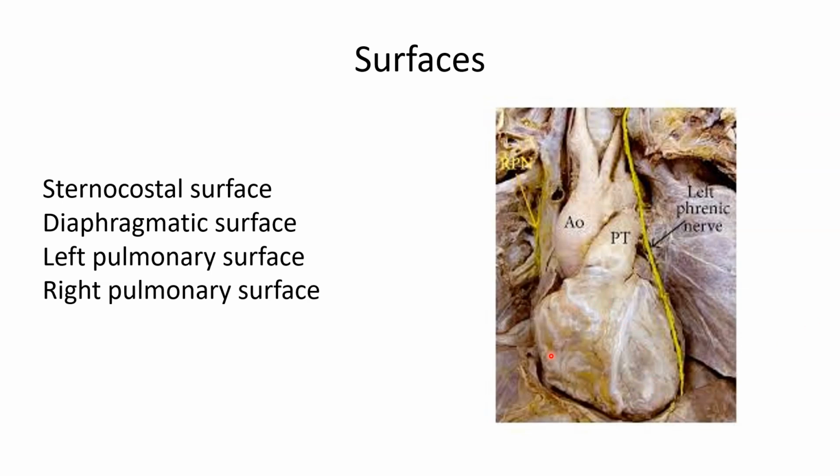So this is the sterno-costal surface. The diaphragmatic surface will be in contact with the diaphragm. The right and left pulmonary surfaces are in relation to the lungs.